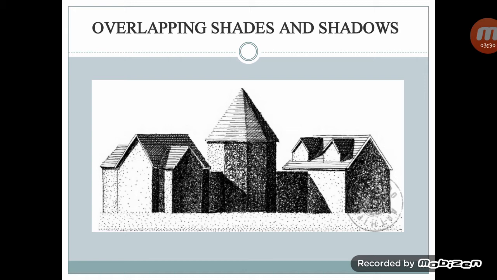So working with light, shade and shadow will dramatically help to give a drawing form and a sense of the third dimension. As you can see in this image, sense of third dimension.